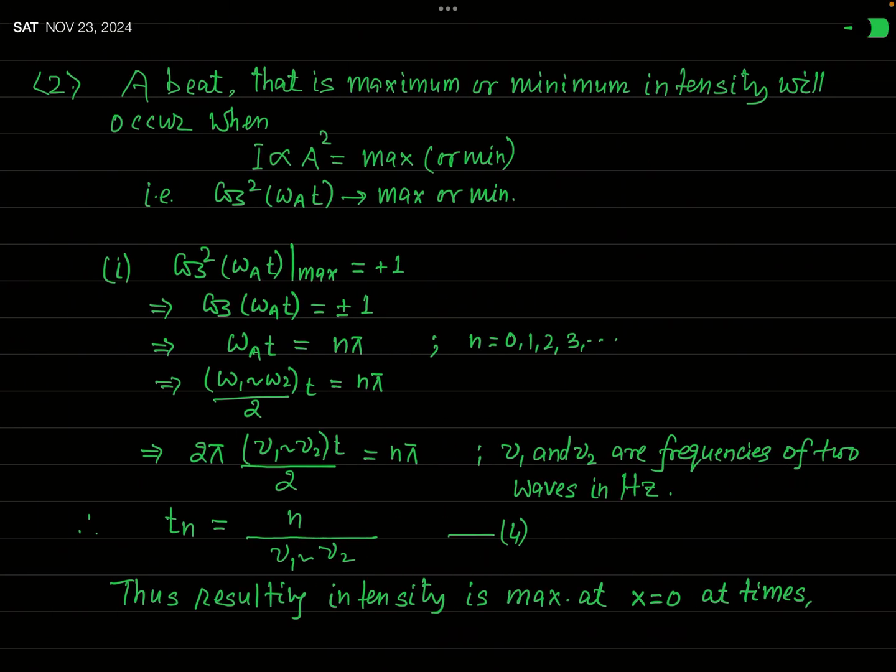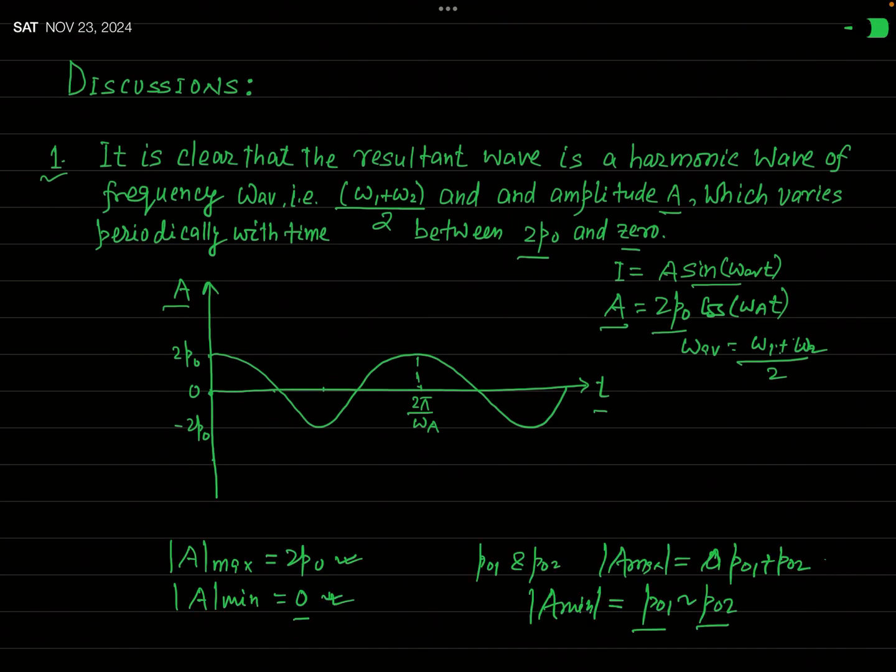Now let us see. As I have told you earlier, the intensity is directly proportional to the square of the amplitude. So when A will be maximum, then I will be maximum, and when A will be minimum, then I will be minimum. And as I is equal to A times sine omega A, and A is equal to 2p naught cos omega A t, A square will be 4p naught square cos square omega A t.